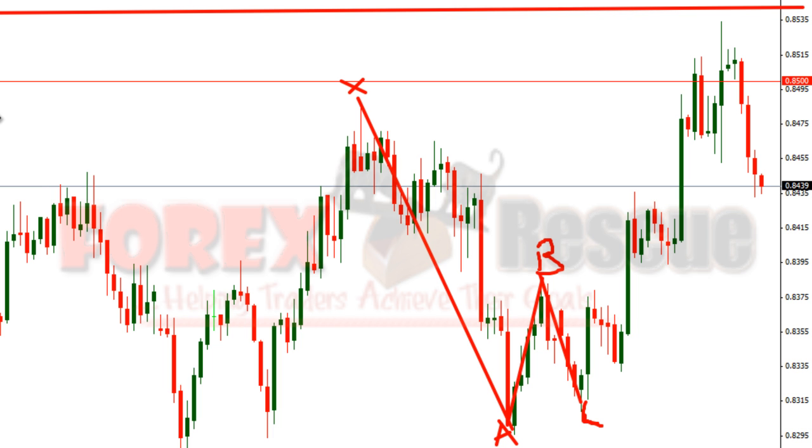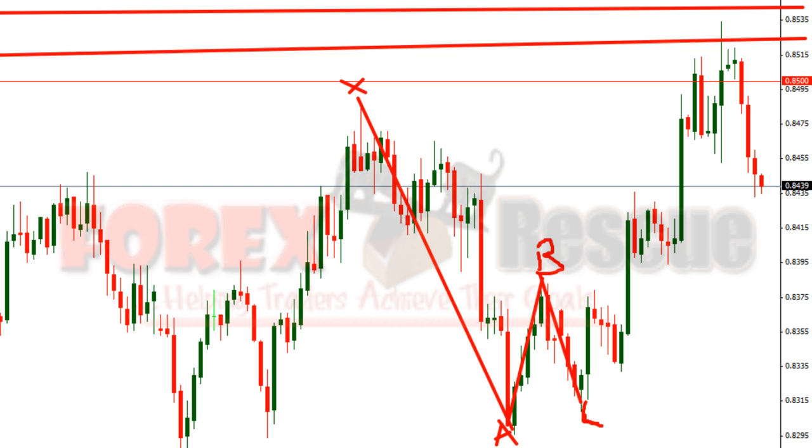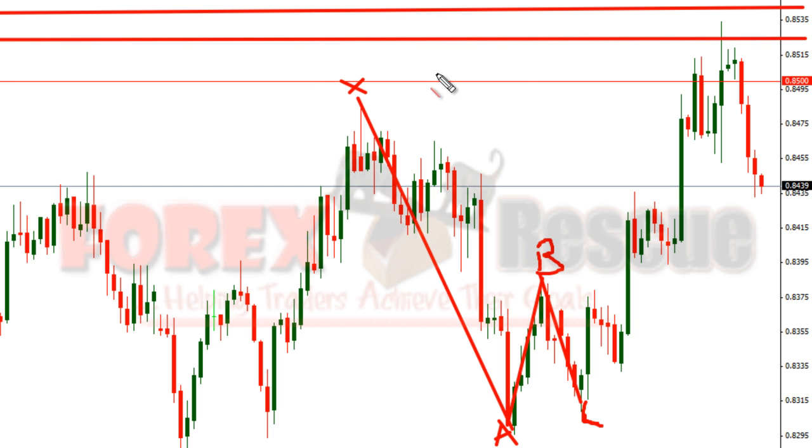That is this area here. 0.8528 is around here. So this area becomes our potential reversal zone. This area here colored in yellow. This yellow region here is our potential reversal zone.